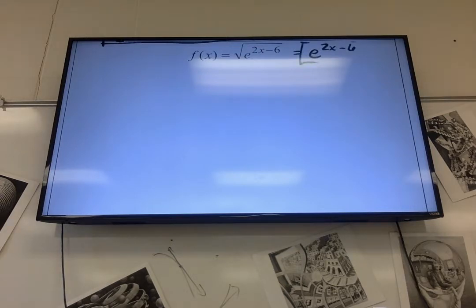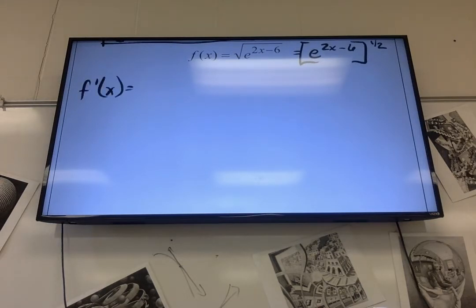Okay, so I'm rewriting that to the 1/2 power. So this involves the chain rule that we talked about yesterday and the day before. You take the derivative of the whole thing first, the big function.